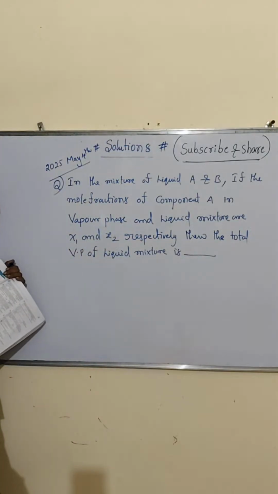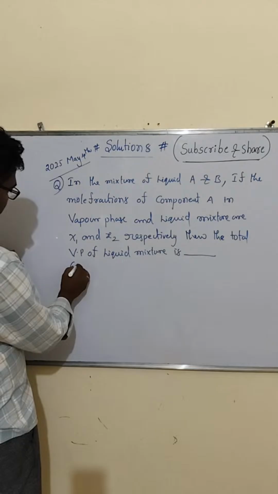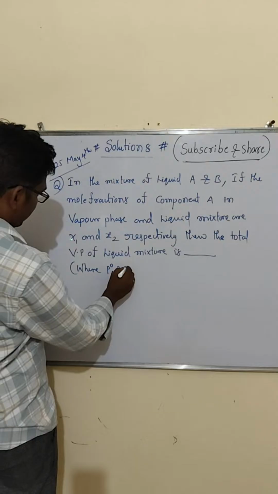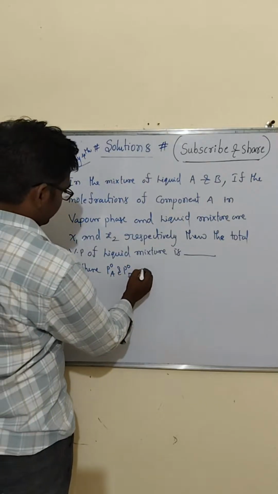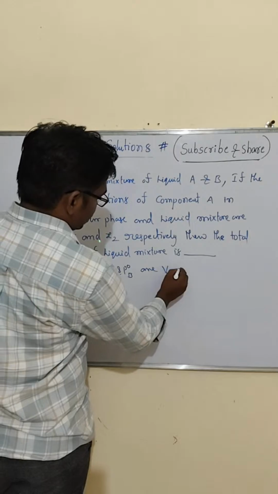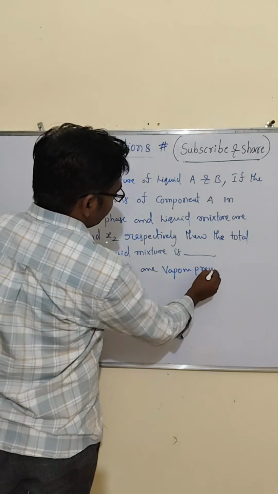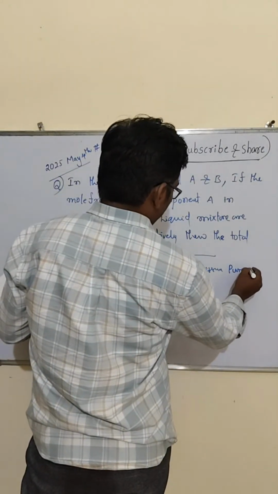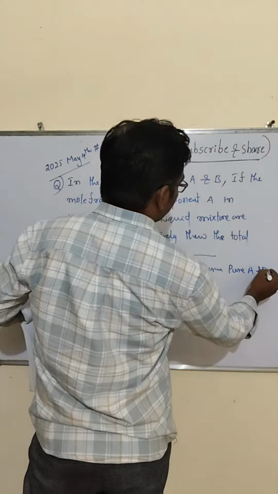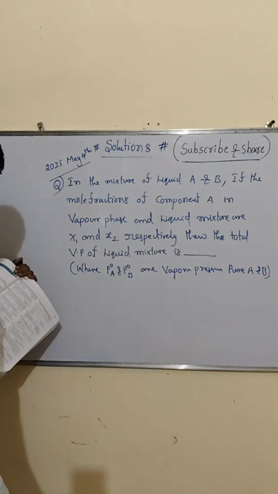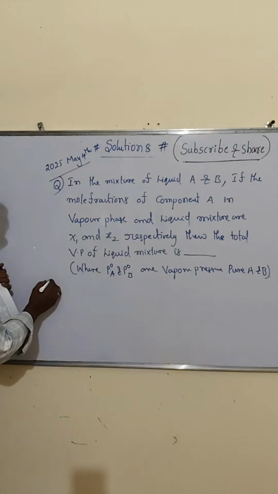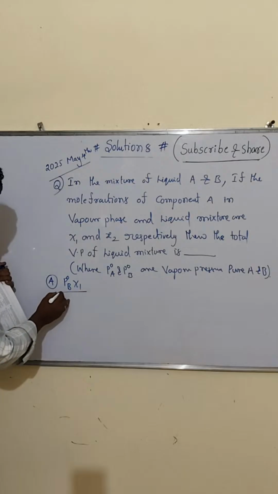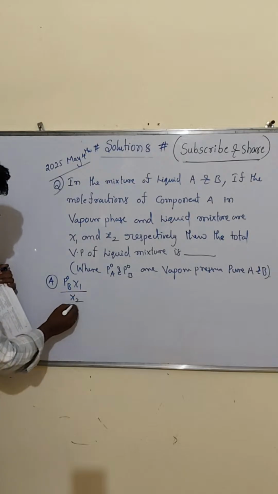In the given data, it is mentioned that P naught A and P naught B are vapor pressures of pure A and B. Then the options are: option A, P naught B into X1 divided by X2.